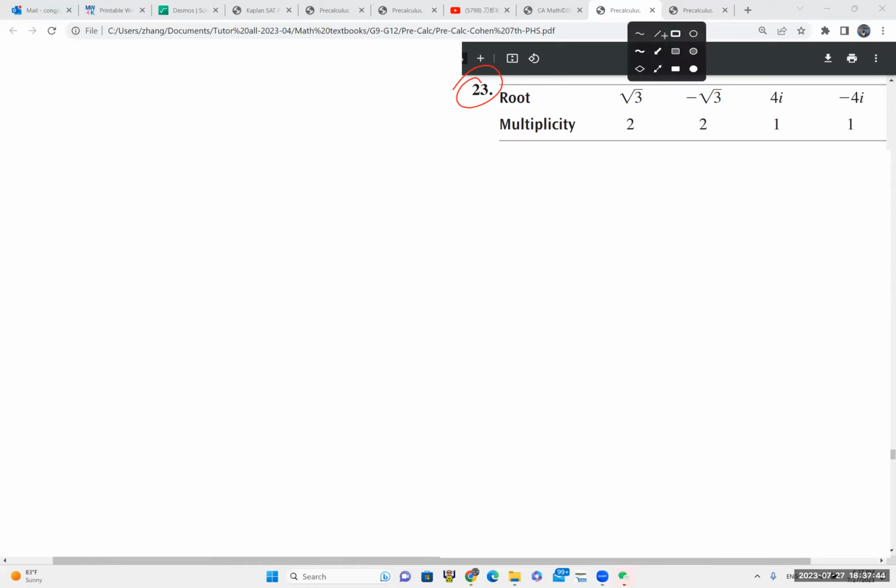Do you have an idea how to write the function whose roots are these? You mean you have or you don't have? Maybe. Yeah, you can try.